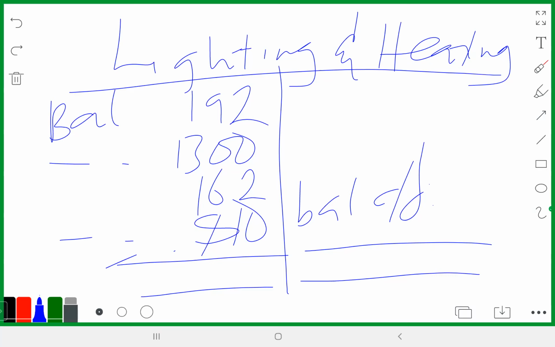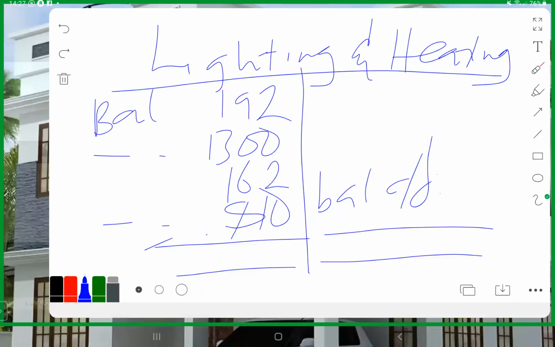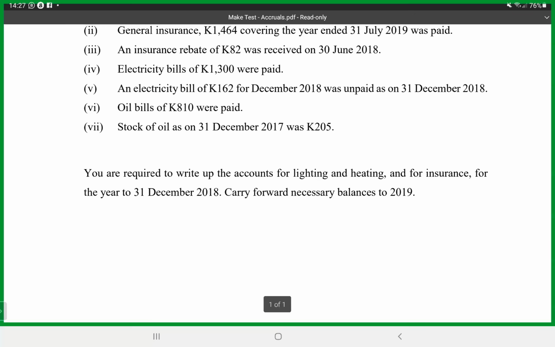Sorry, sir. The accrual of 162, do we not indicate it on the credit side as well? The accrued expense. Doesn't it mean that accrued expense has to be paid? Is it not an expense, like it is adding to the expenses?